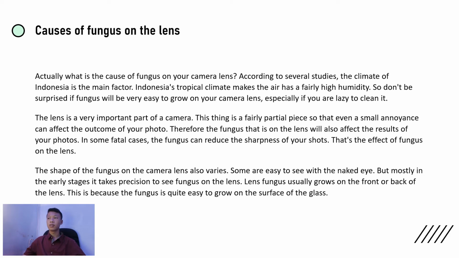Those are the effects of fungus on the lens. The shape of the fungus on the camera lens also varies. Some are easy to see with the naked eye, but mostly in the early stage it takes precision to see fungus on the lens. Lens fungus usually grows on the front or back of the lens. This is because fungus grows quite easily on the surface of the glass.